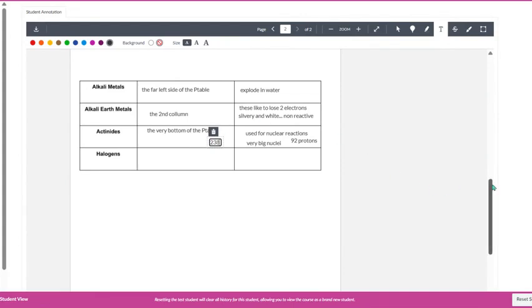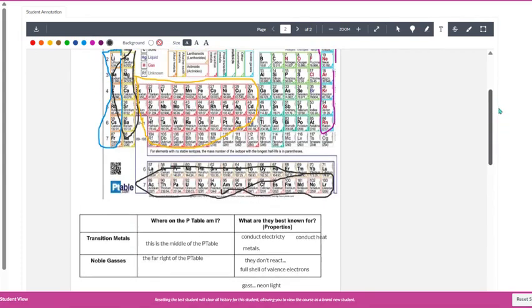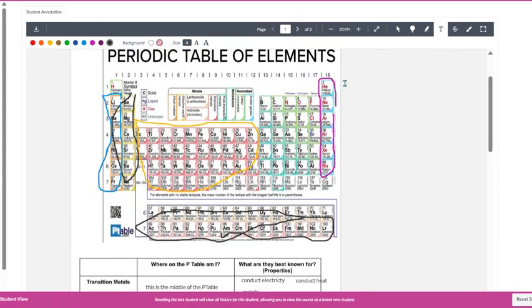Our last but not least are going to be our halogens. Our halogens are going to be on almost the far right. They're right here. These are the ones that all they can think about is getting one more electron. So we've got this pattern right here. And these guys are very reactive.